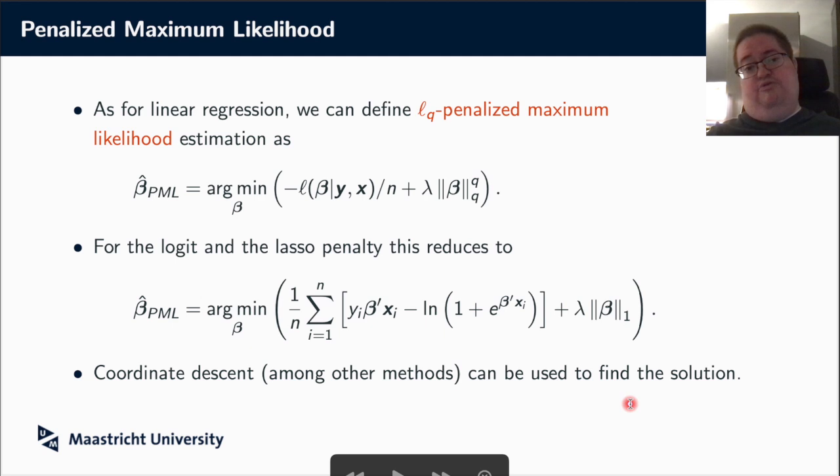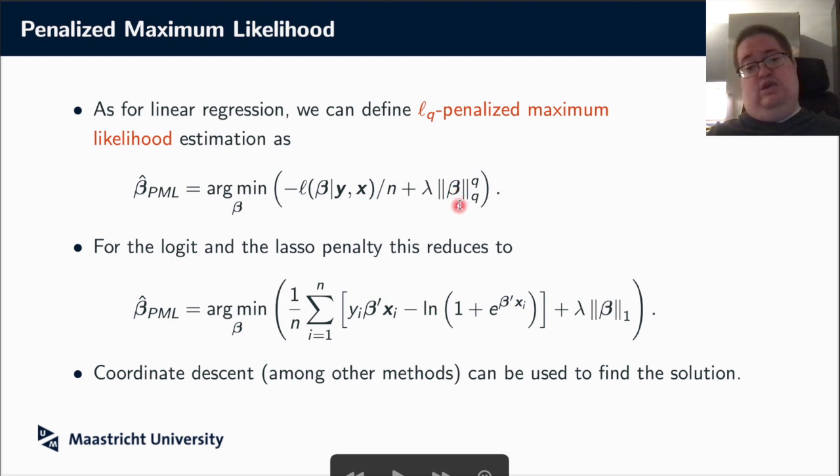Now, so far there was no lasso involved, but of course we can just use the lasso in this case as well. So you can add a penalty term to the likelihood. Given that we are thinking in terms of minimizing, we multiply the log likelihood by -1, then we can add plus lambda times a penalty term.